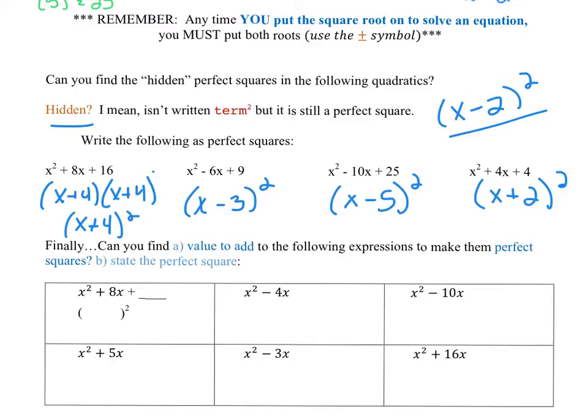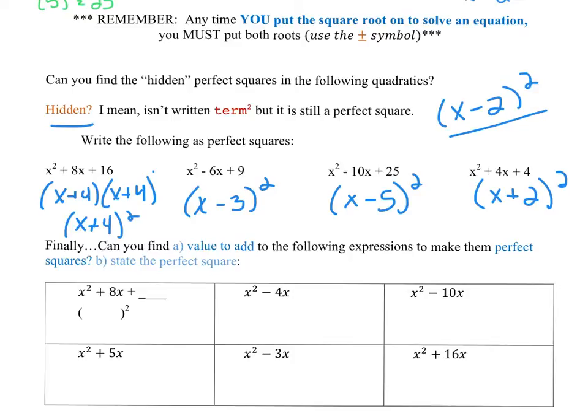So when you're creating a perfect square, this number is always half of the b term, or the number with the coefficient with an x. Always half. This number right here is always that number we made squared. Every single time. So it's half squared, half squared, half squared.